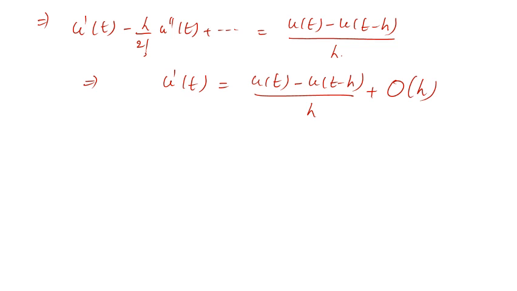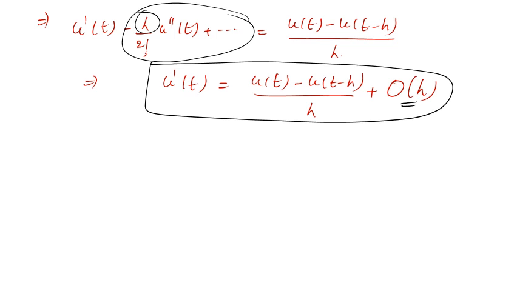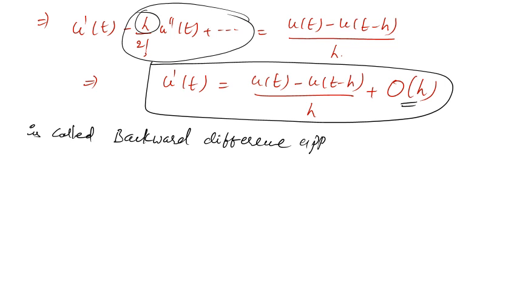That means in all these terms, the least power is h, therefore order of h, and this is called the backward difference approximation to the first derivative. This is equation 5.